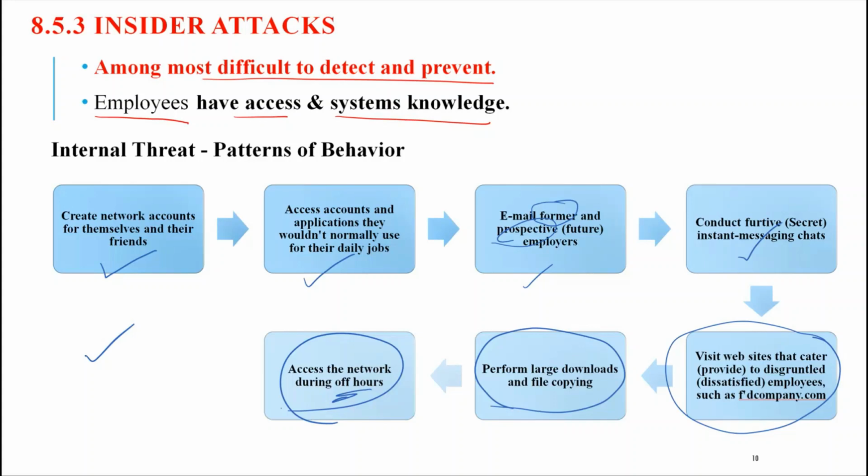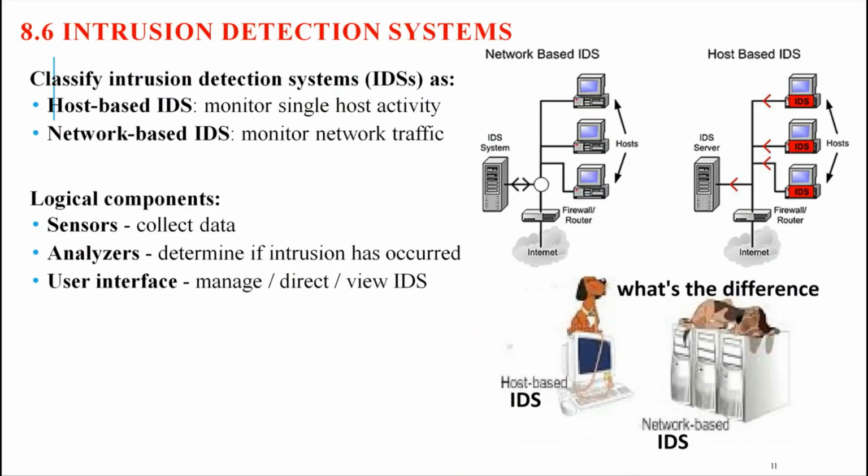The next topic is the intrusion detection system. So far we discussed what is intrusion, who is an intruder, and what the classes of intruders are. Then we discussed the different techniques used by the intruders, three different techniques.